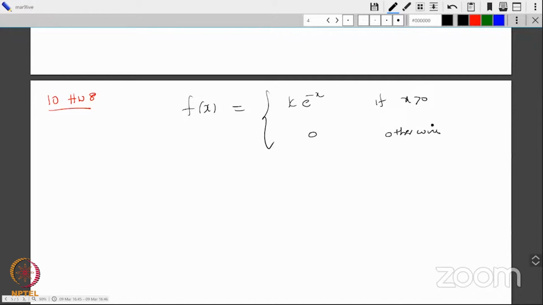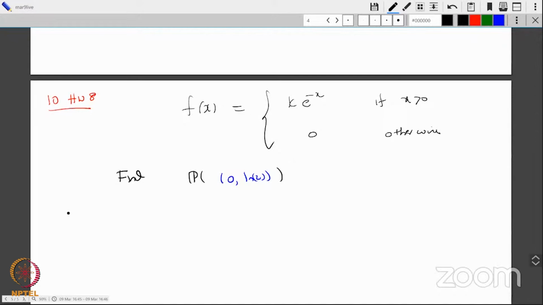They're asking you to find the probability of the interval 0 to ln 2.